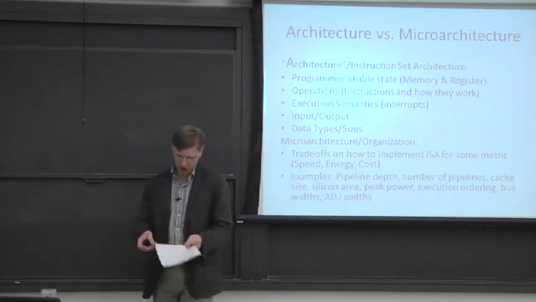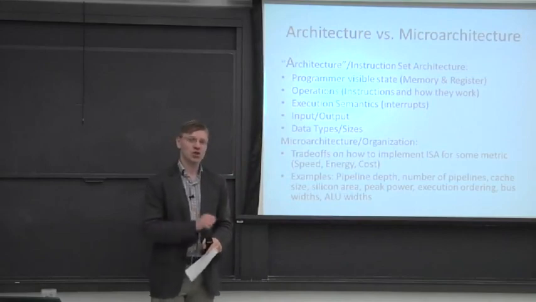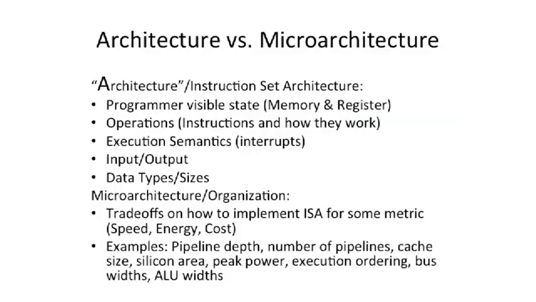And one of the things I wanted to emphasize is that computer architecture is all about trade-offs. So when I say it's all about trade-offs, you can make different design decisions up here in the big A architecture or the instruction set architecture, and that'll influence the application, it'll influence the microarchitecture. But also, you can make different design decisions down here and make a lot of different trade-offs on how to go about implementing a particular instruction set architecture.